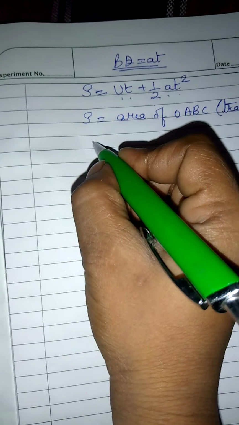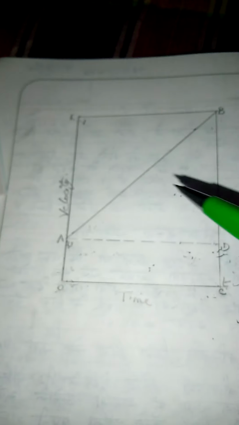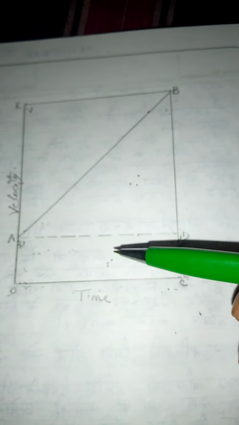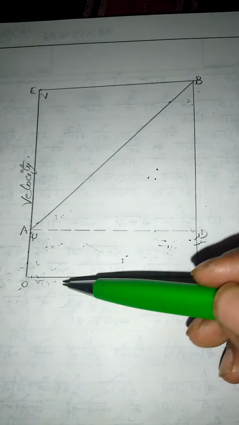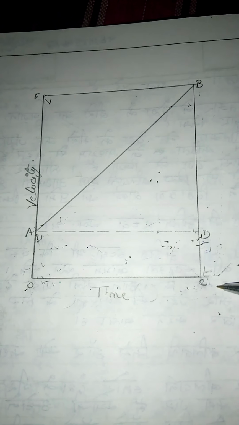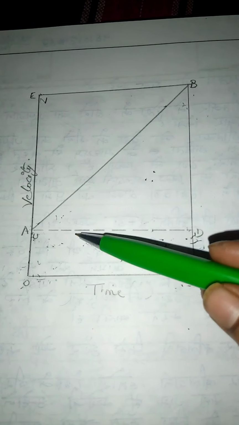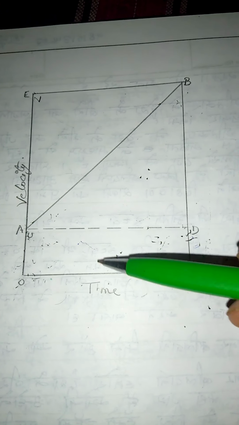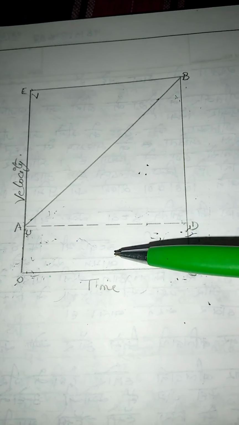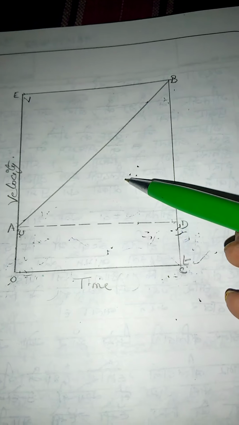Right? So now what we need to do is, see, this is a whole. Now we divide it into two things. One is the rectangle, which is OADC, and a triangle ABD. So we can divide the area of trapezium into two parts: area of rectangle plus area of triangle.